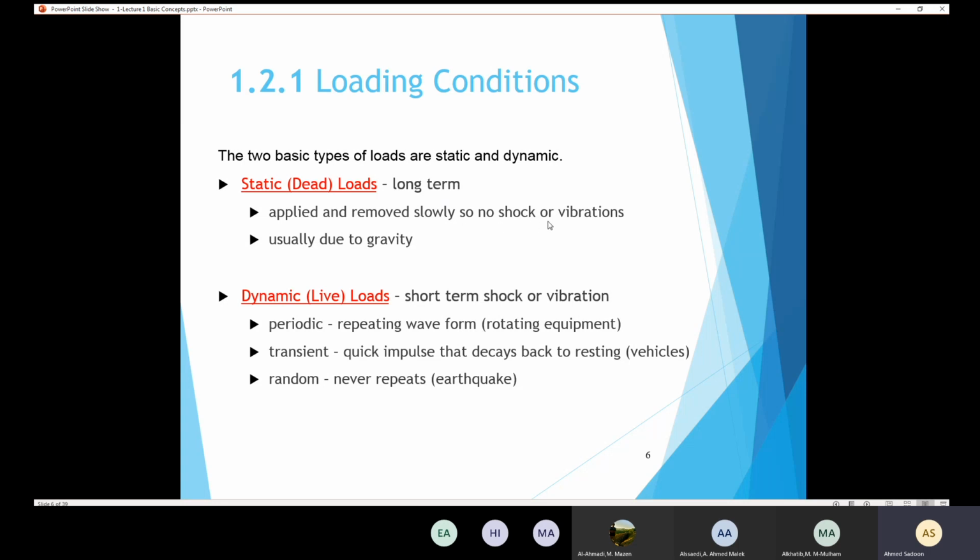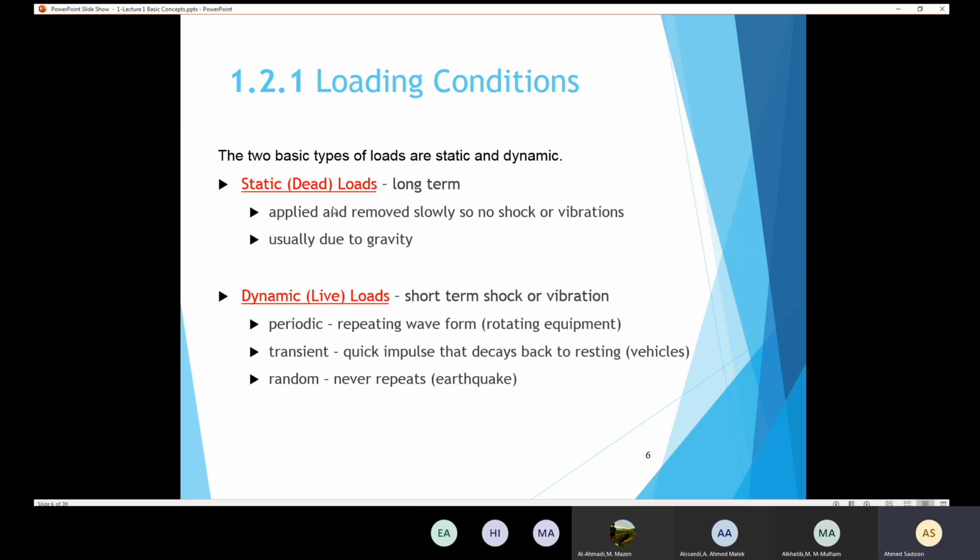So no shocks or vibration. Any load that you are going to put on your structure is going to be applied slowly. You are not going to make shock or vibration. In that case, that load is going to be considered as a static load.